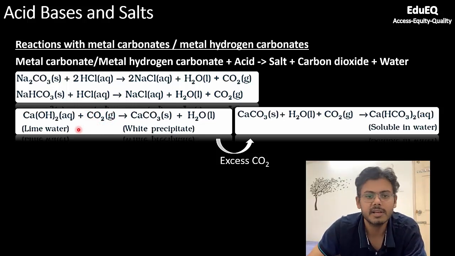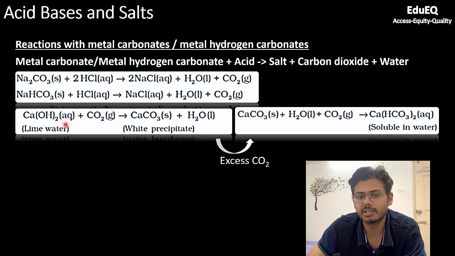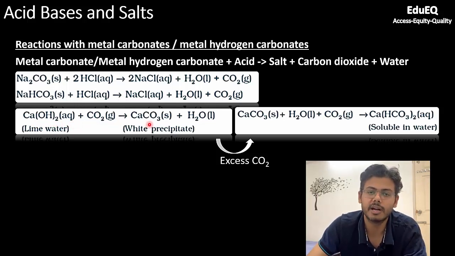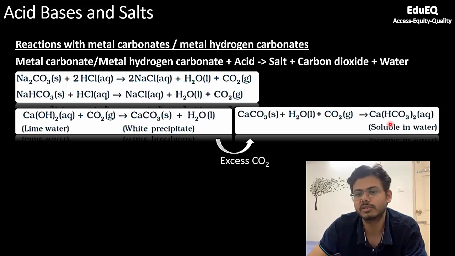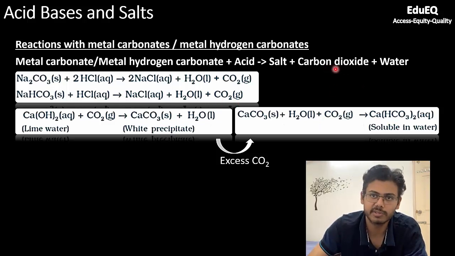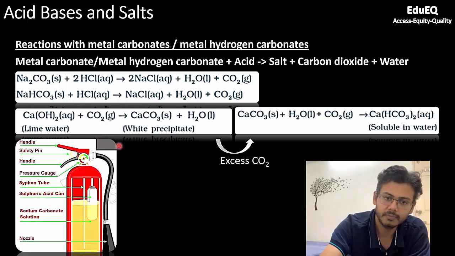What you can do is react calcium hydroxide with excess carbon dioxide. It will form a white precipitate first, and if you continue passing carbon dioxide through it, it will finally become soluble in the water. So this is one test, apart from the candle getting extinguished, what I told you. This is also another test which is used to verify whether you have carbon dioxide or not.